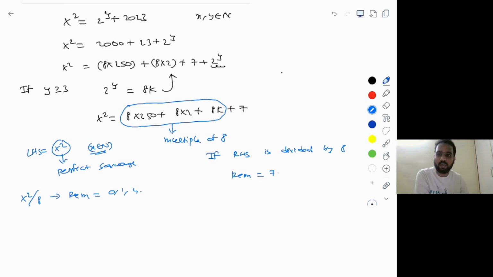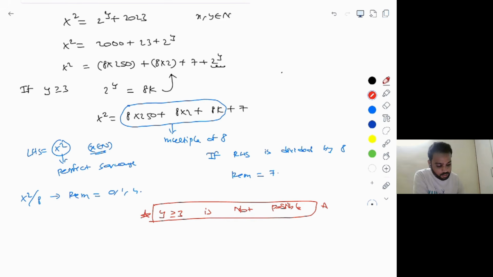Any perfect square divided by 8 leaves a remainder of either 0, 1, or 4, which means the left hand side can never leave the remainder 7 when divided by 8, which makes this case not valid. That is why, in this case, I can conclude that y greater than or equal to 3 is not possible. I hope it is very clear to you.